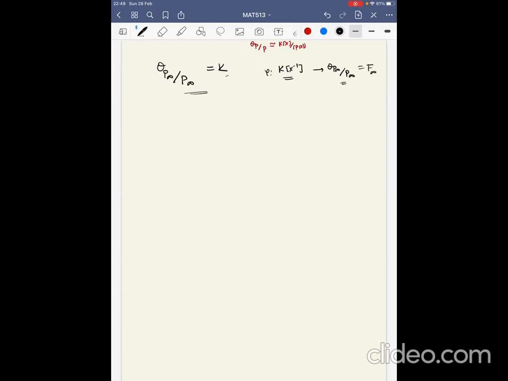Then we will conclude that this is also an onto map, and by applying the first isomorphism theorem, we will see that the residue class field F infinity is isomorphic to K.